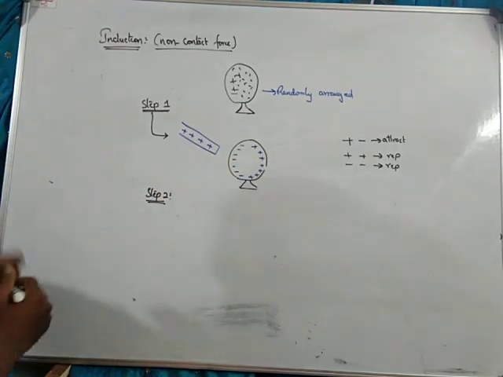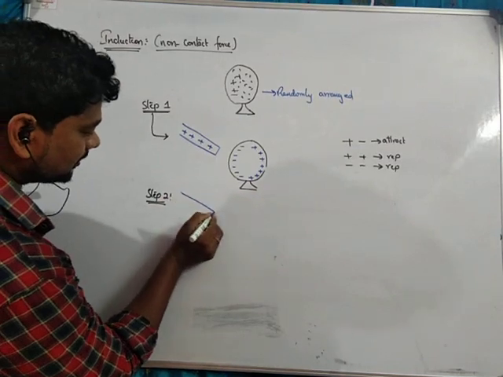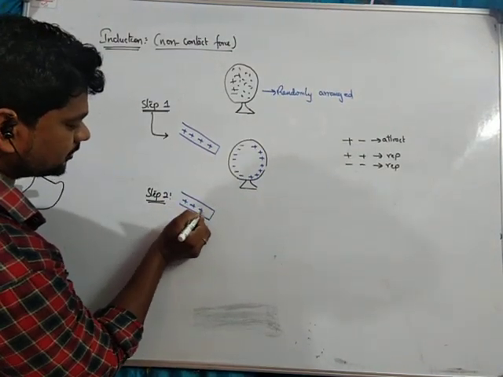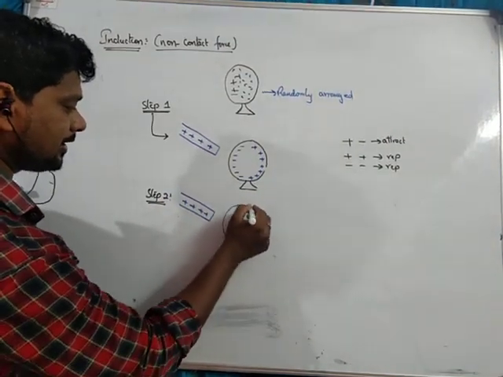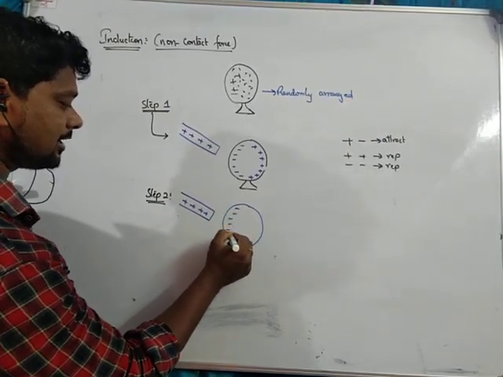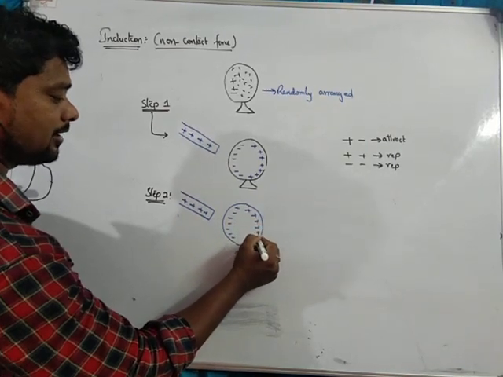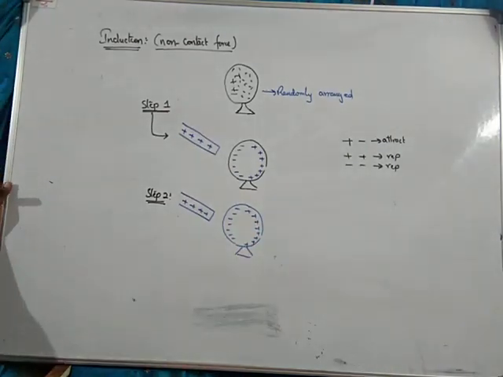In step 2, we are placing the same rod, which we considered as positive, near the metal on the stand. In this we have negative charges on one side because of attraction, and positive charges on the other side because of repulsion.